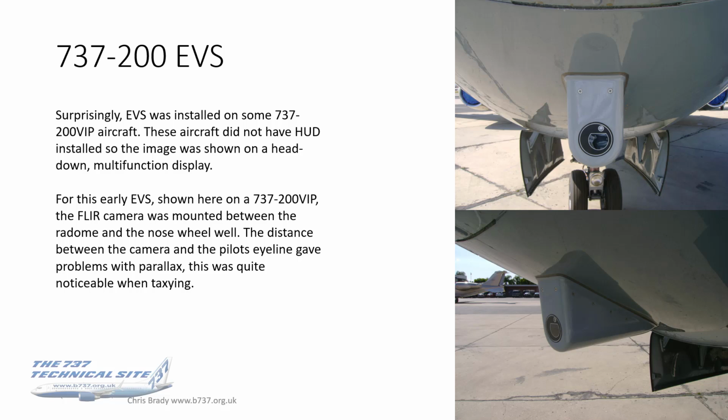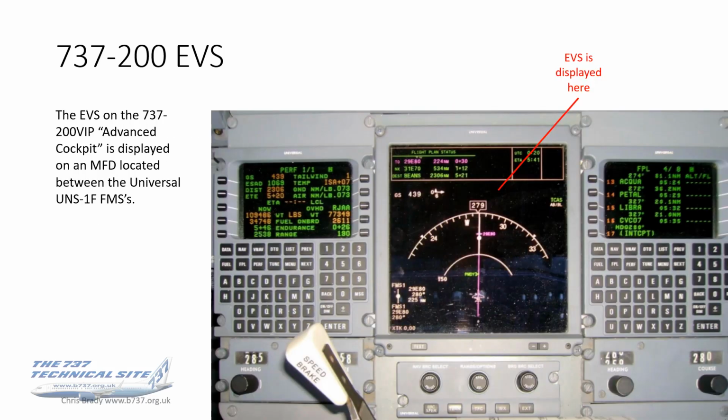And unfortunately, that distance between the camera and the pilot's eye line did give problems with parallax, and it was actually quite notable when taxiing. The display was, as I say, displayed there, and this was taken from a real 737-200 VIP, and this was a fit installed by Universal Avionics.